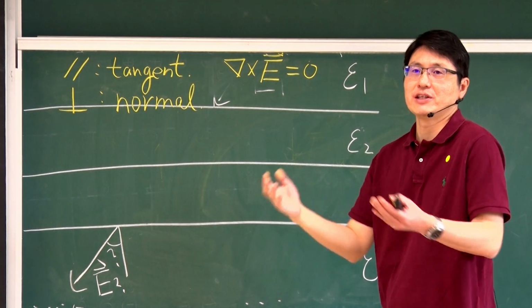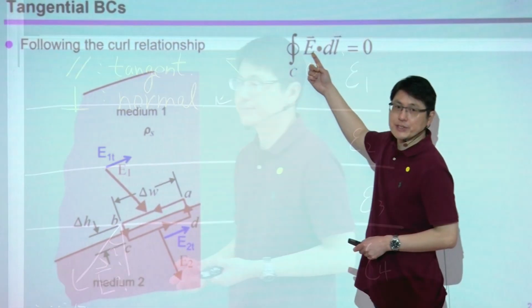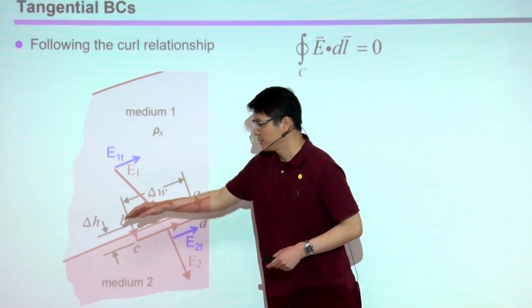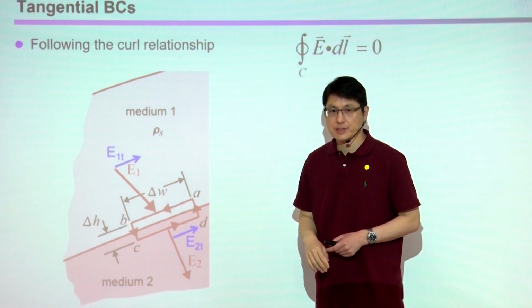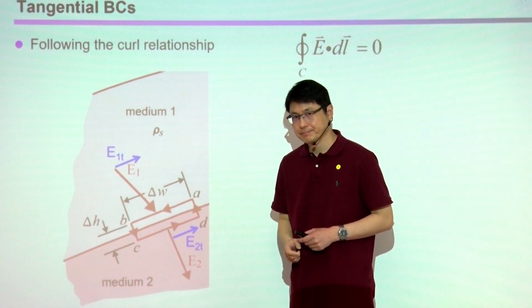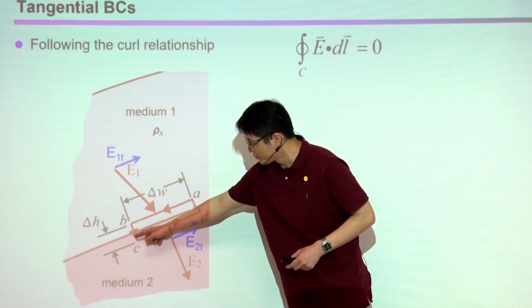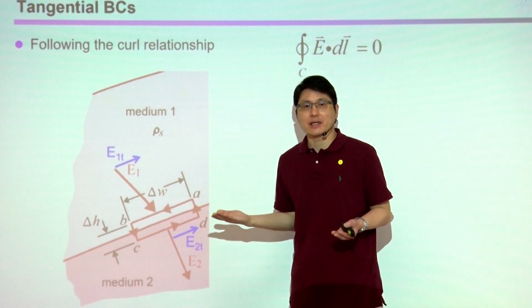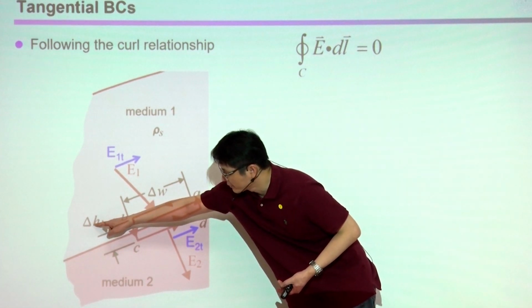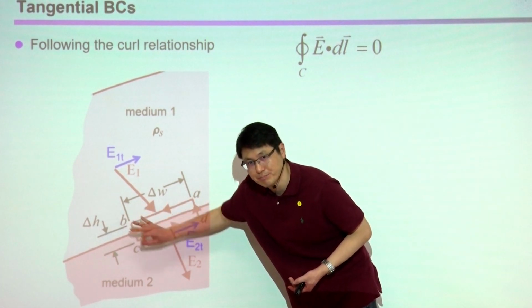It does not have any curl. A closed loop along these two materials at the boundary, right? So the easiest way to form a closed loop is a rectangle. But I have to make the height, this delta H, extremely small.